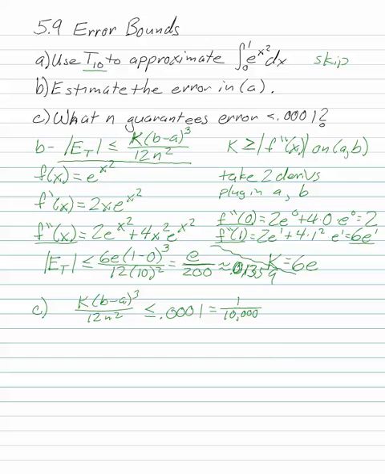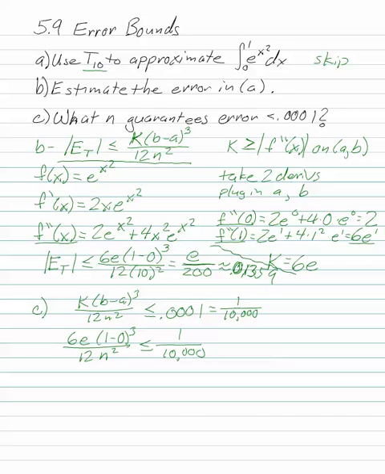Okay? Now, if this was a brand new problem, I would have to solve for k again, but it's not, it's a part C, so I already have k from part B. So I can progress and say that this is now 6e times (1 minus 0) cubed over 12 times n squared is less than or equal to 1 over 10,000.